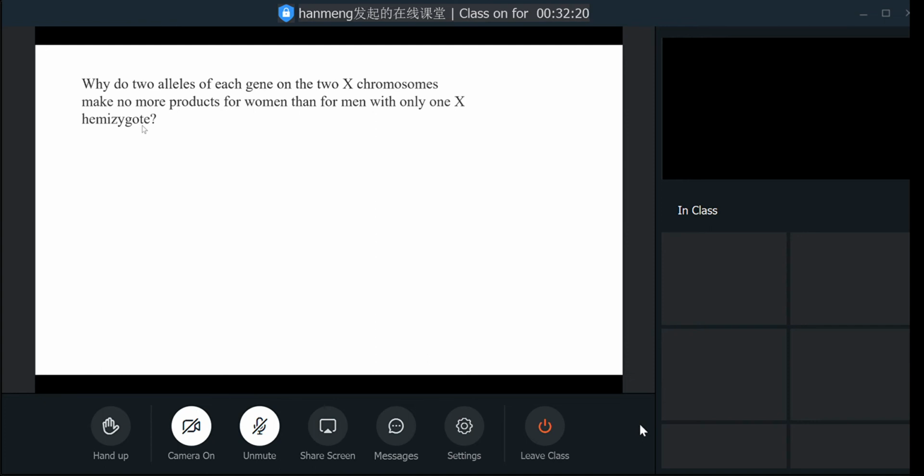But the woman has two X chromosomes. In this condition, the woman should have more products than men. But actually, the woman has no more products than men. Why?